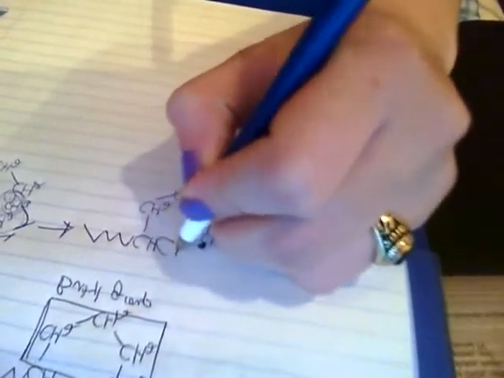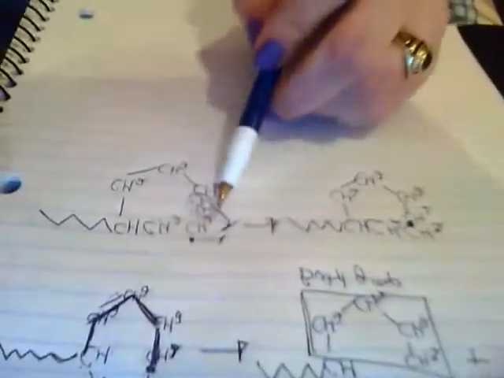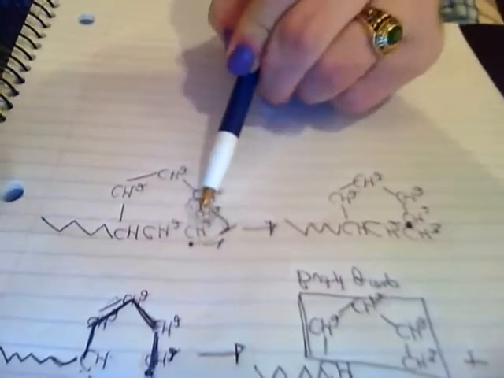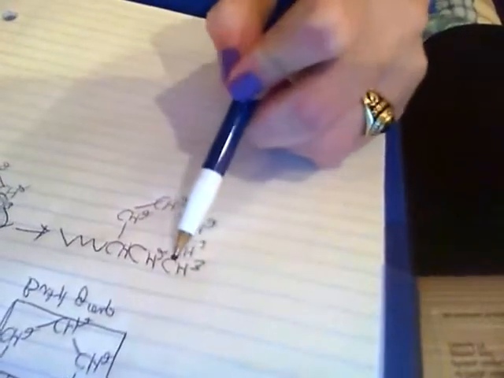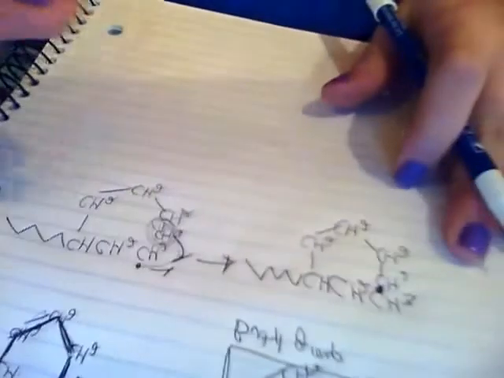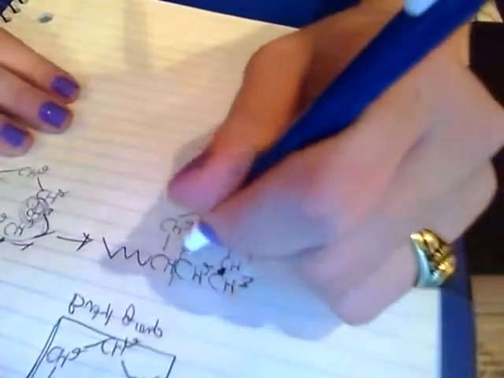Alright, so now you have CH2, CH3, because one of these H's went here. So then you had CH2. So now that you have CH2, you've got the free radical. Okay, so now that this branch is gone and this free radical's gone, you have a group form here.